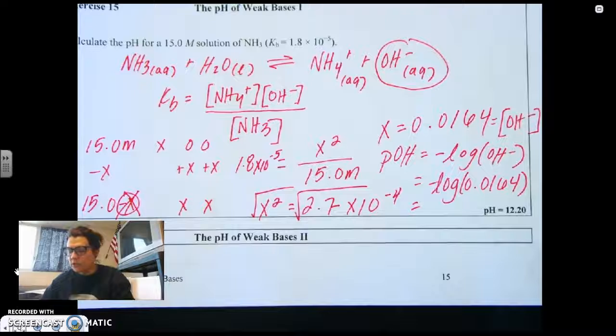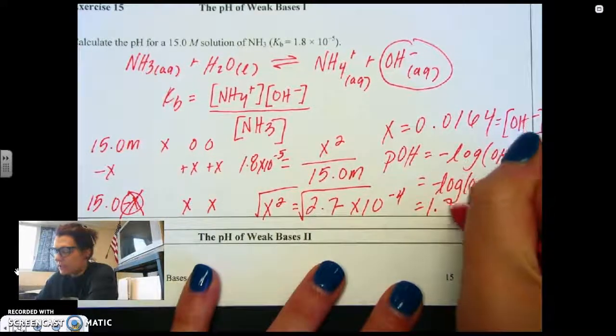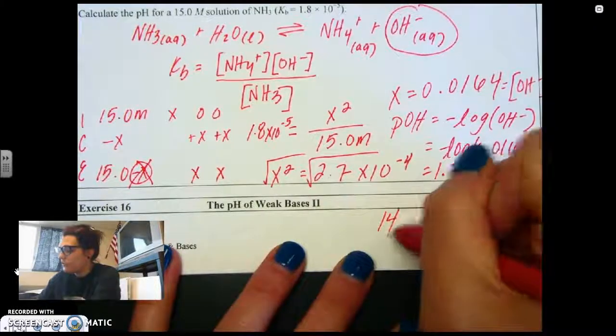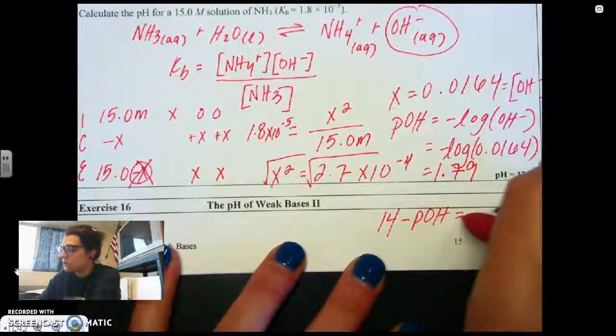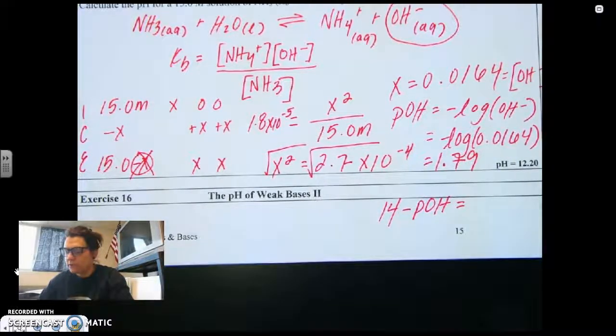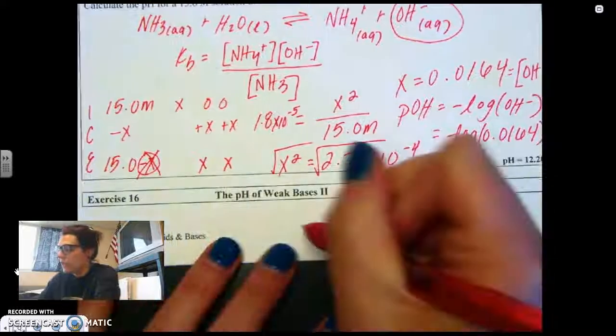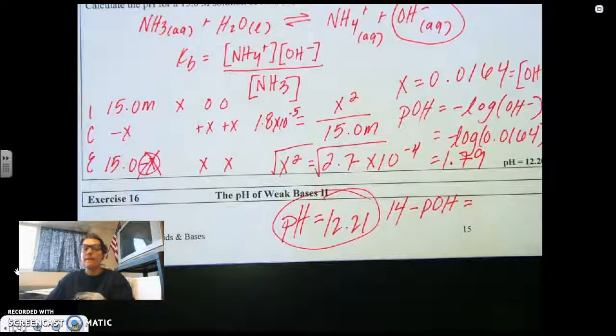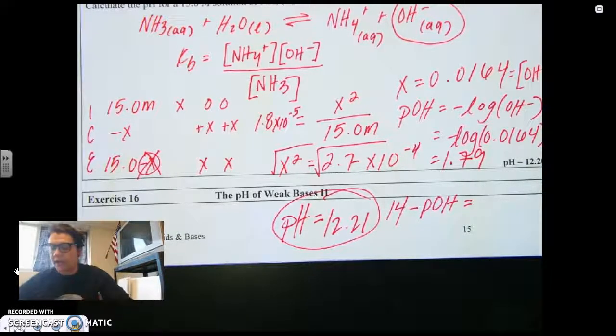So the pOH is equal to, calculate that, 1.79, but I want pH, so I'm going to have to do 14 minus the pOH. So I get 14 minus 1.79, so I get a pH that's equal to 12.21, and that makes sense because it's a base, right? So we would expect our number to be greater than 7, and it is.